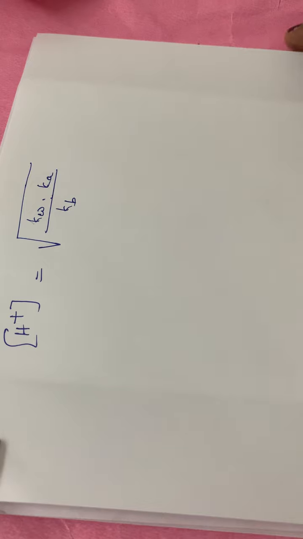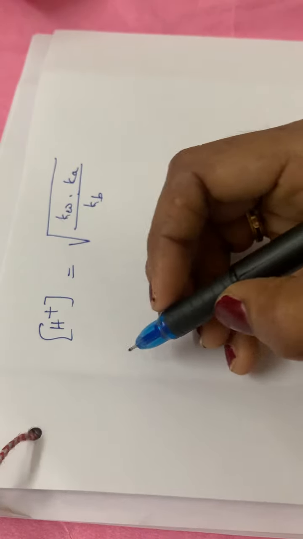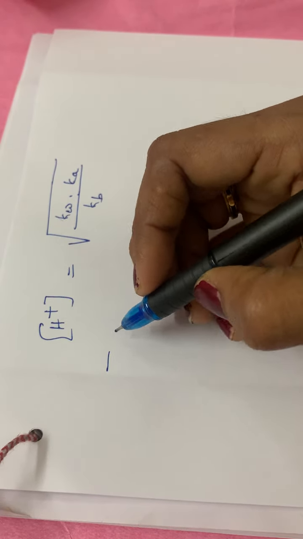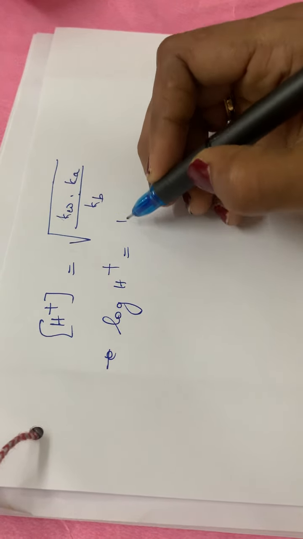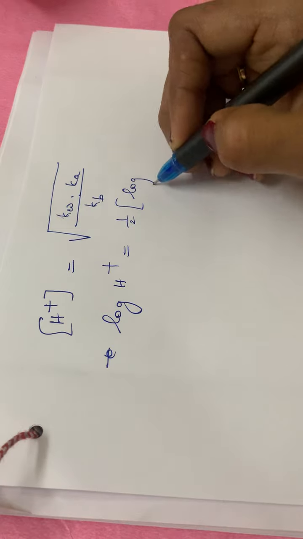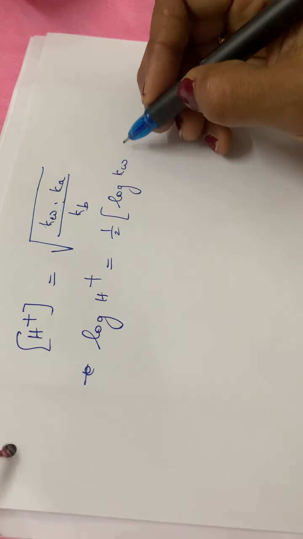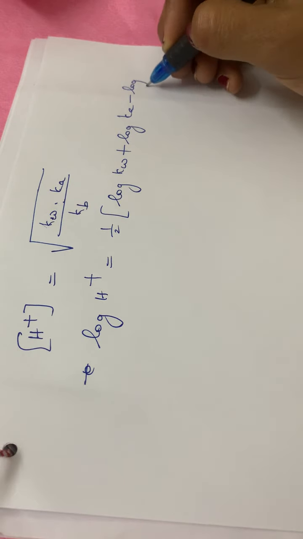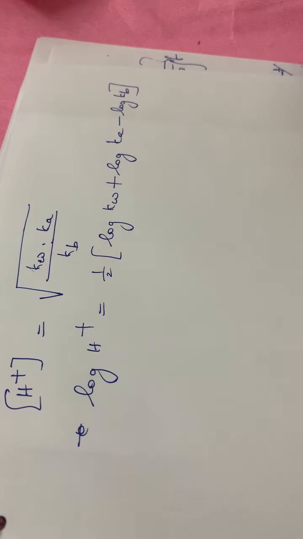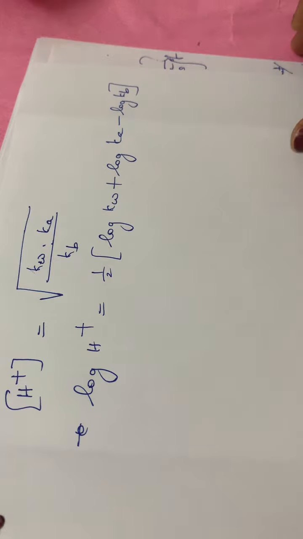So then first of all you have to take logarithms. Log H plus is equal to half into log Kw plus log Ka minus log Kb.